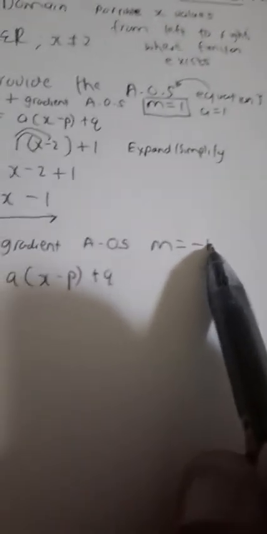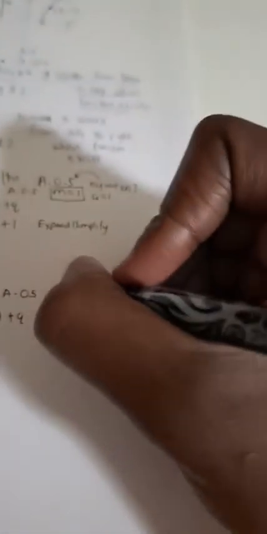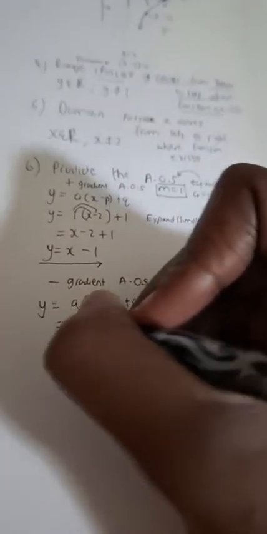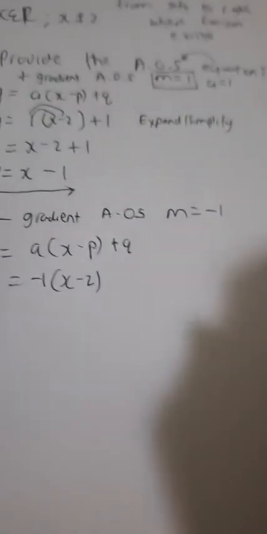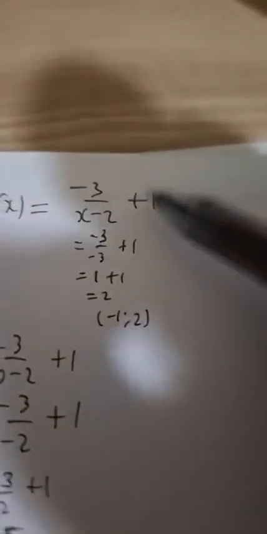We substitute in the place of a, or m as it is called, we substitute -1. Then we go and take that expression, that same expression that we took in the denominator, which is x minus 2. You go and plug that in as it is. And then the q, remember the q value, you just substitute the +1 there as it is.